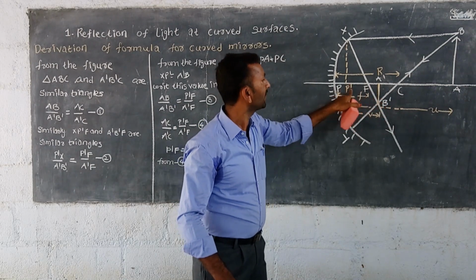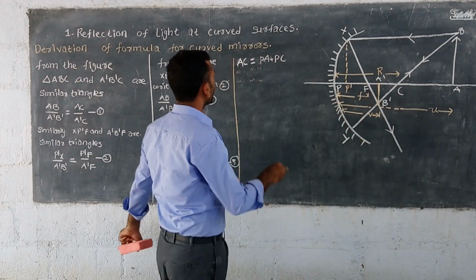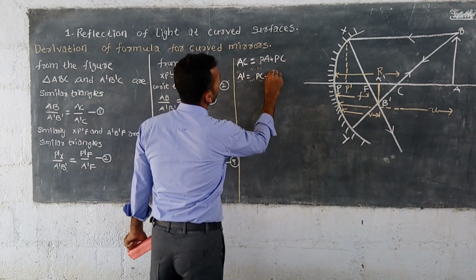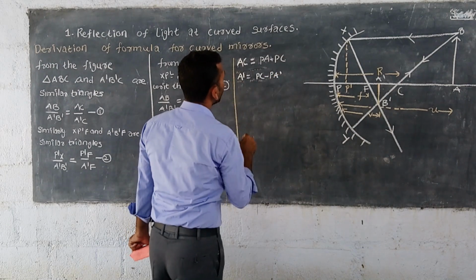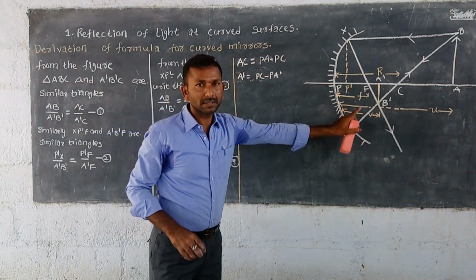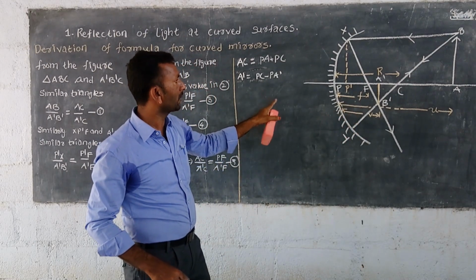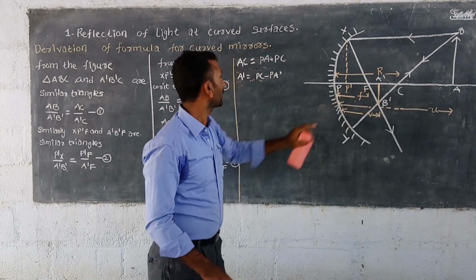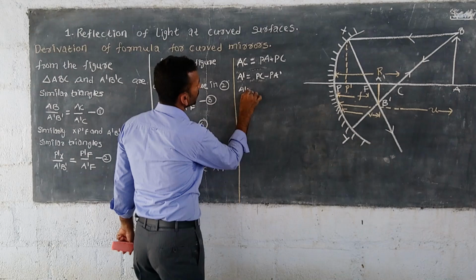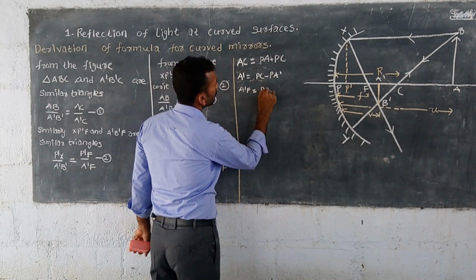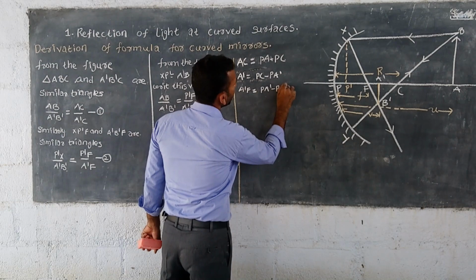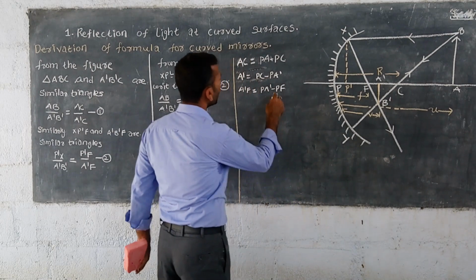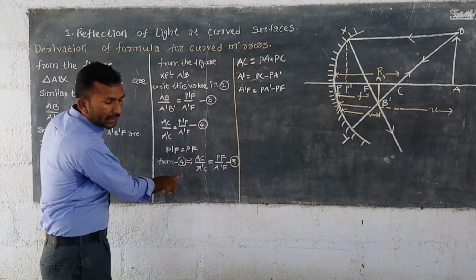We also need the A dash F value, which we don't have, so we write A dash F equals PA dash minus PF. Then substitute all these values in equation 4.